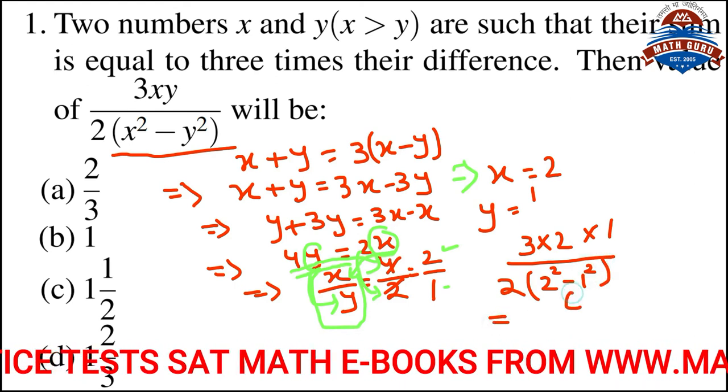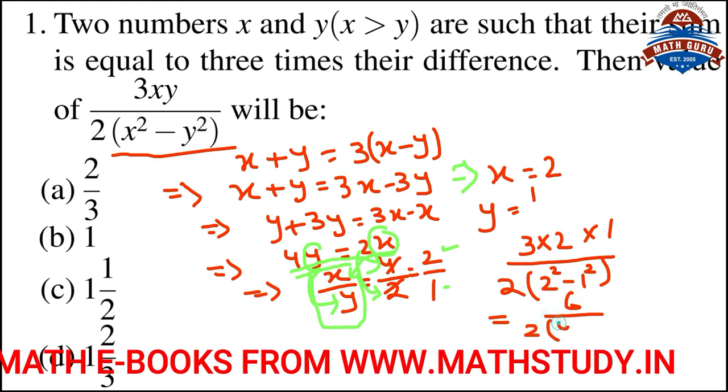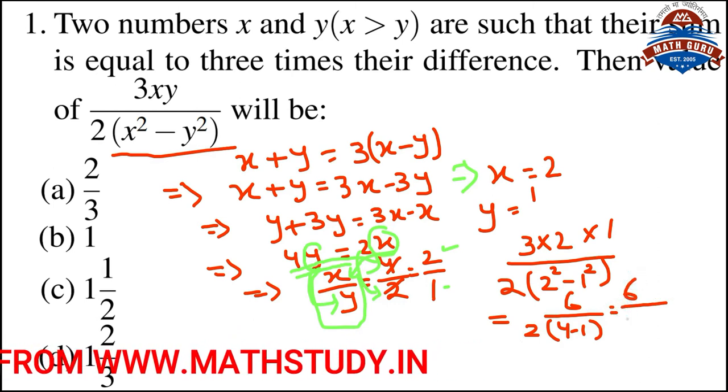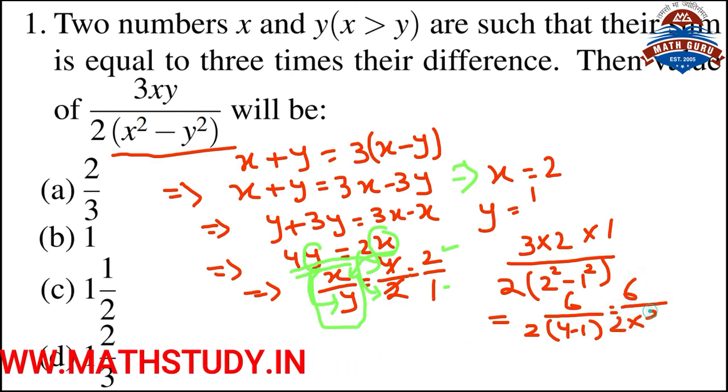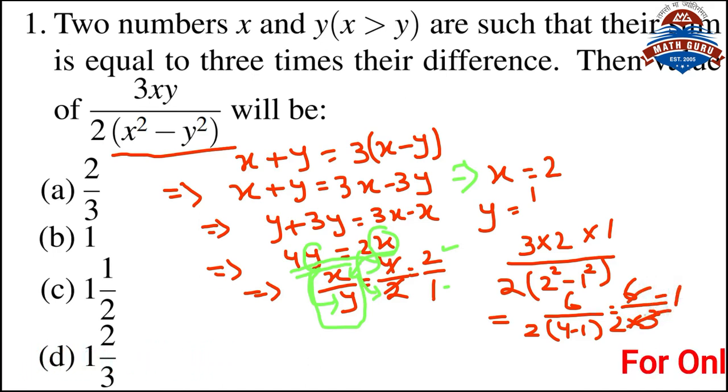After simplifying, 3 into 2 is 6, so 6 upon 2 into 4 minus 1, which is 3, so 6 upon 2 into 3. So 3 into 2 is 6, and both of these terms get cancelled, and we will get 1 only. So the value of this one is 1.